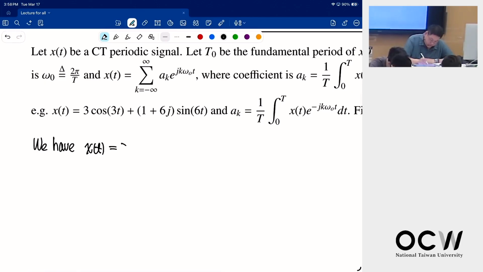So 3 cosine 3t means e to the 3jt plus e to the minus 3jt divided by 2.